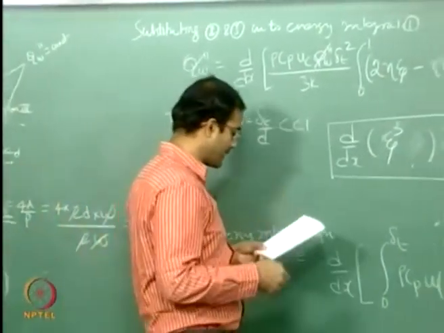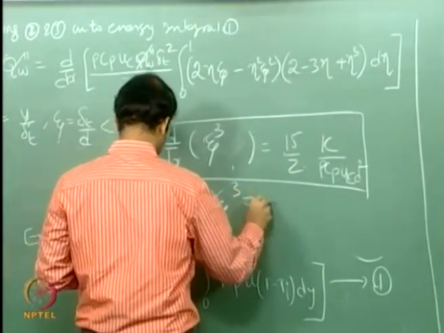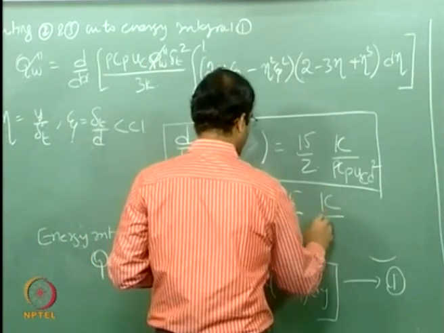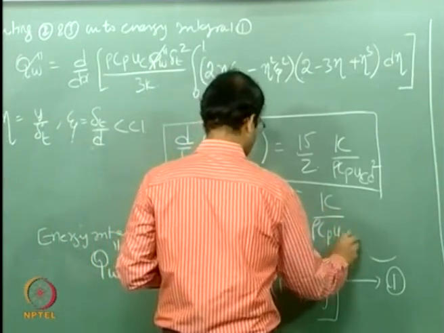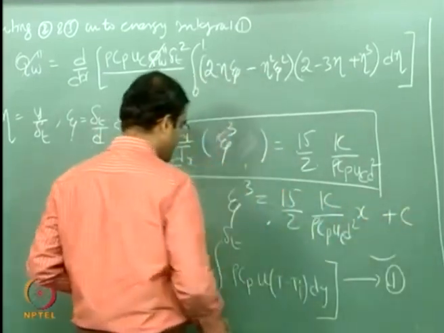I can now integrate it right away, and the resulting profile will be 15 by 2 k by rho Cp uc into d square x plus a constant.